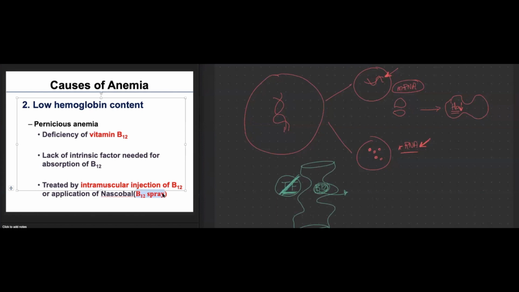Because if you simply give him tablets of vitamin B12, you go to the pharmacy, you take B12 pills, those won't help, because simply the problem here is not in the presence of vitamin B12, it's in the presence of the intrinsic factor, which is essential for the absorption of vitamin B12. So my ability to absorb vitamin B12 has been diminished due to the lack of intrinsic factor.